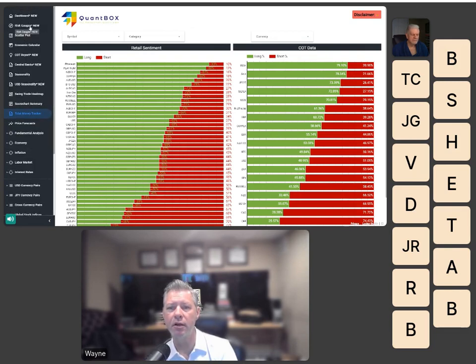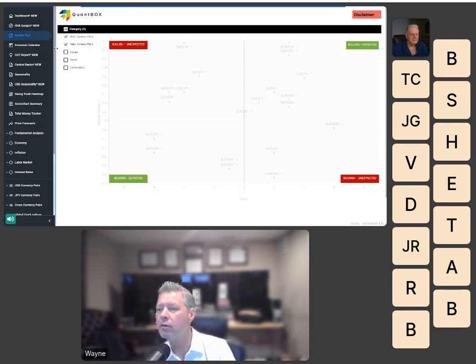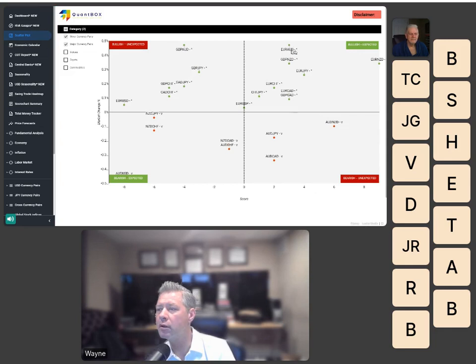I want to go back to the scatter plot. I know we already did it, but who's strong? Let's just do a quick review of how to look at this. Where's my drawing tool? There we go. So you want to look at Euro Aussie, and it's got a score of, I guess, 3.